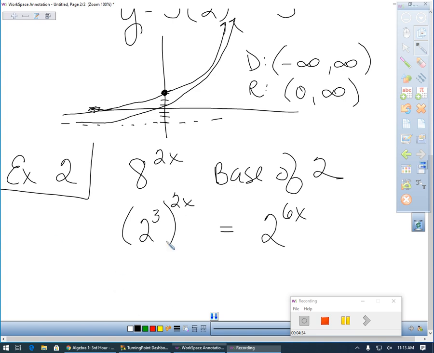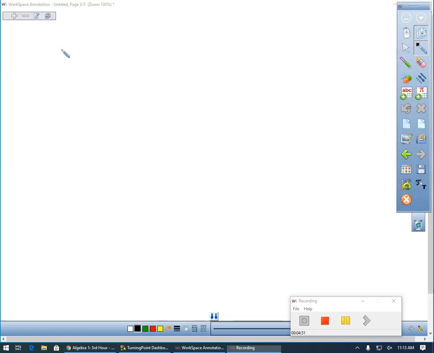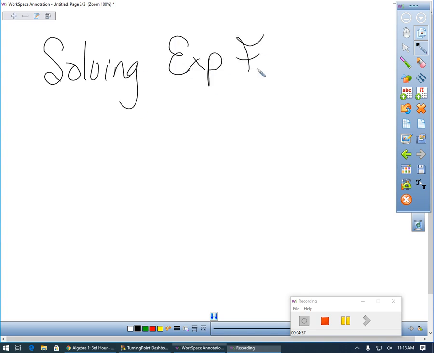So, then let's get into the fun stuff. Solving exponential functions. All right. Exponential functions can be, again, y equals a b to the x.